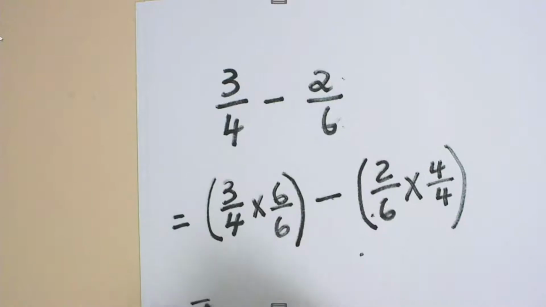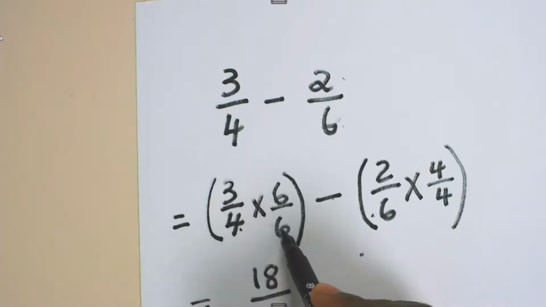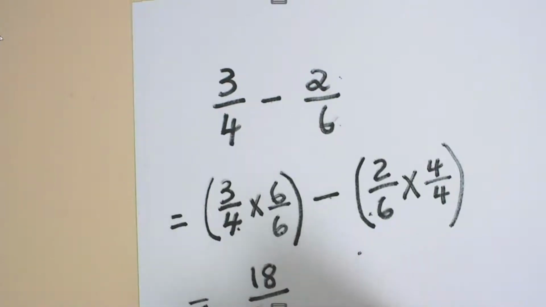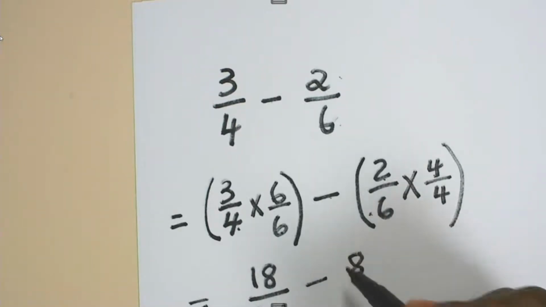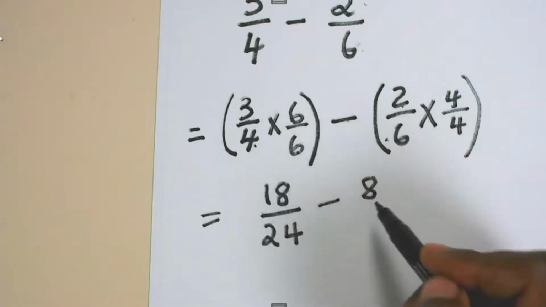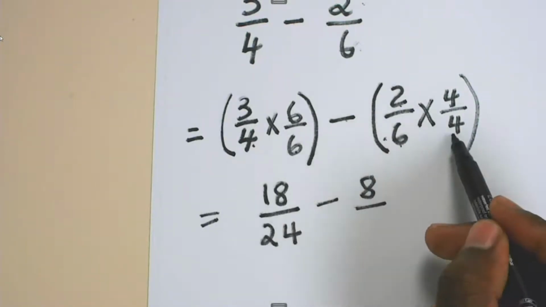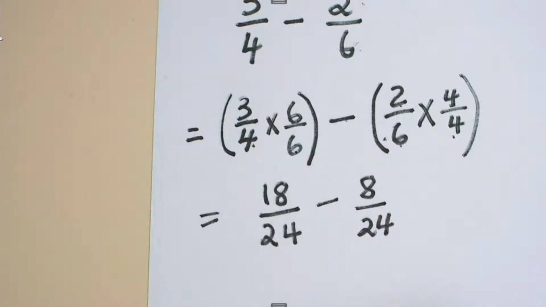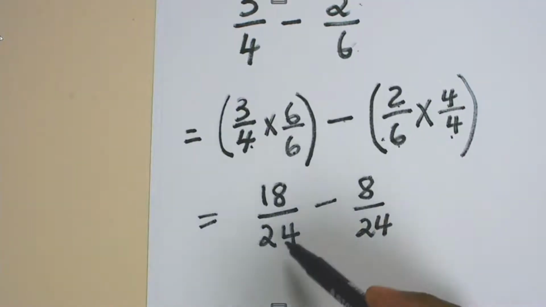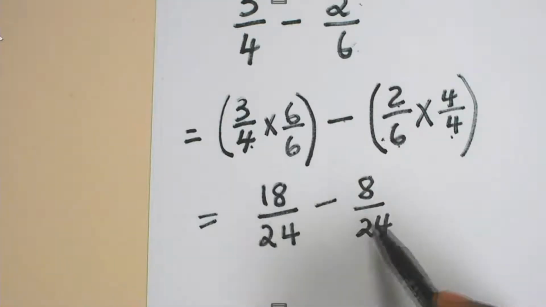Therefore, 3 multiplied by 6 gives us 18 out of 4 multiplied by 6 gives us 24, minus 2 multiplied by 4 gives us 8. Then 6 multiplied by 4 gives us 24. Denominators are now the same.